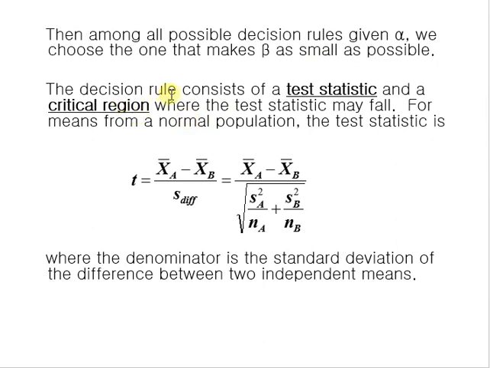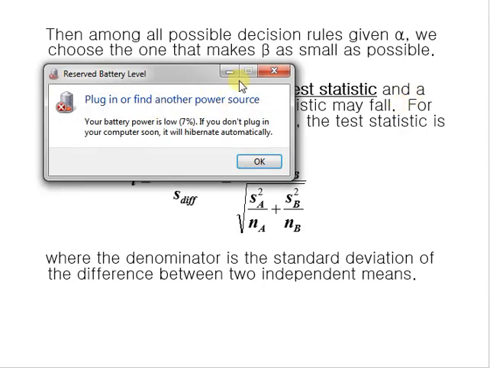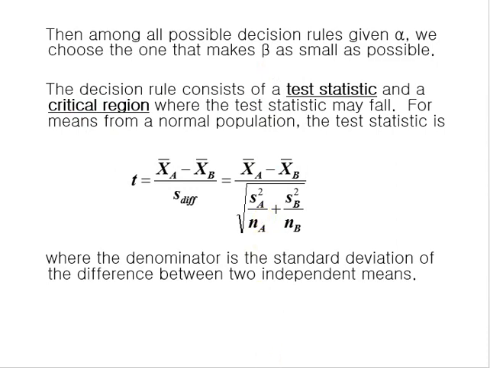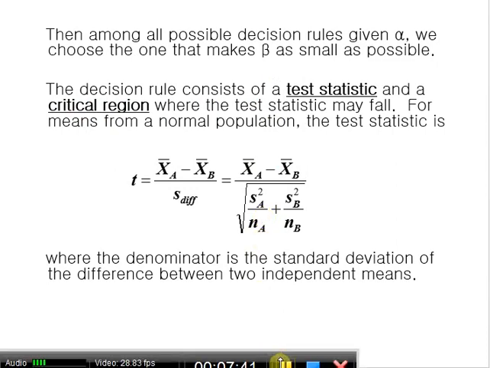The decision rule consists of a test statistic and a critical region where the test statistic may fall.